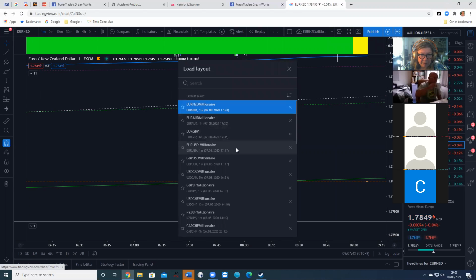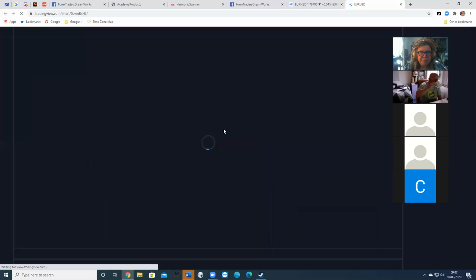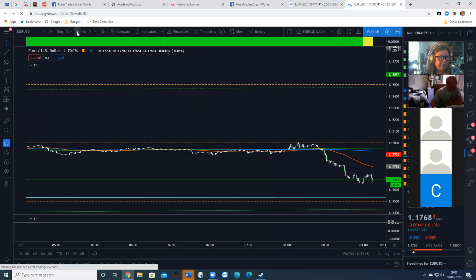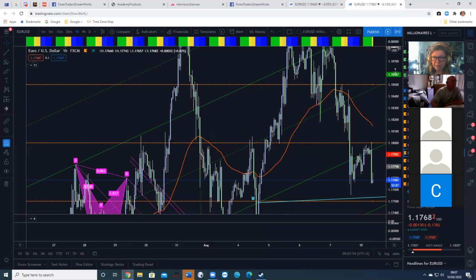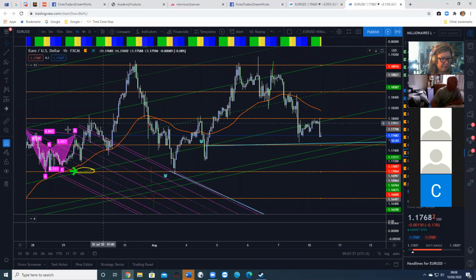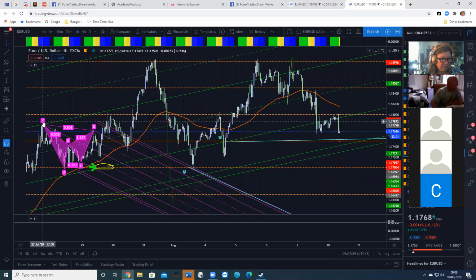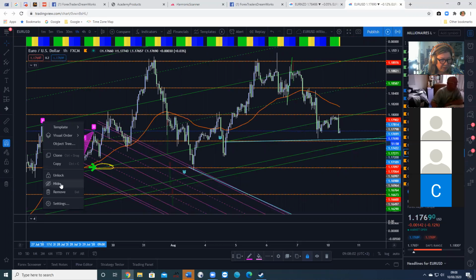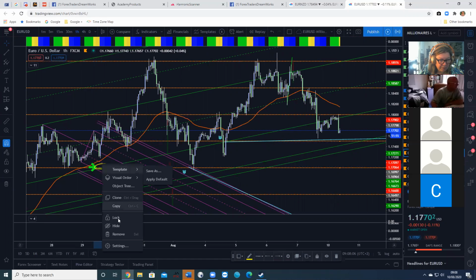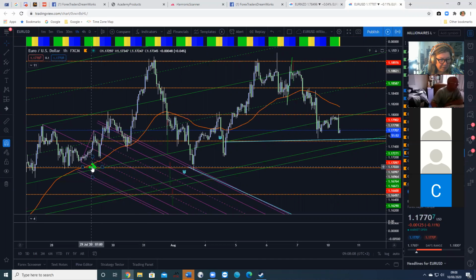Euro USD. Same time frame, hourly. I'll just hide all this for this morning, and I'll put it back on later.